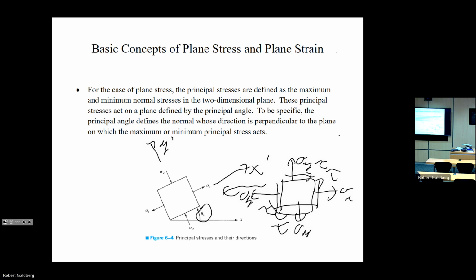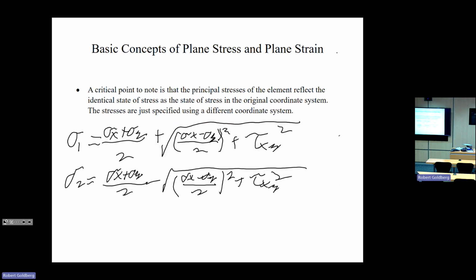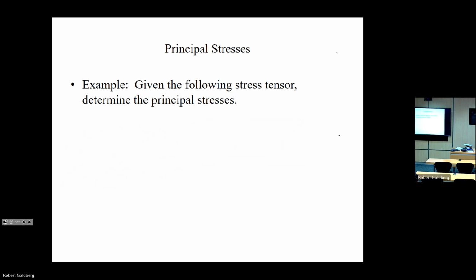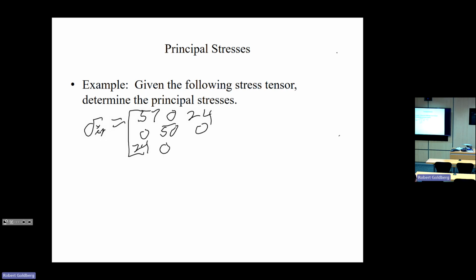So the last thing we'll do with principal stresses is, given the following stress tensor, sigma ij is equal to [57, 0, 24; 0, 50, 0; 24, 0, 43].